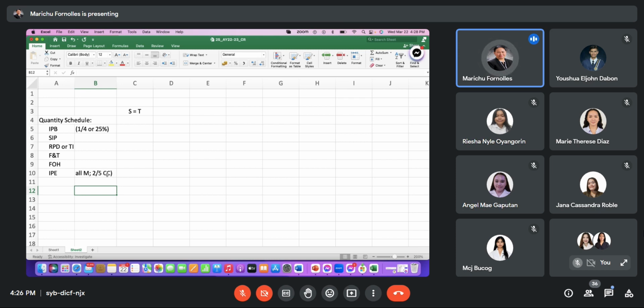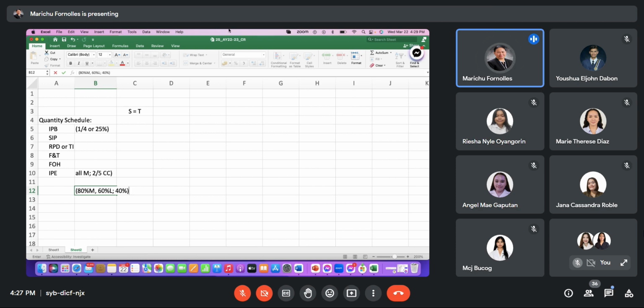Only labor and overhead are the same. That's 2/5 complete. Another possible parenthetical notation is you would say 80% complete as to materials, 60% complete as to labor, and 40% complete as to overhead. So notice that the percentage applied to each cost element varies.